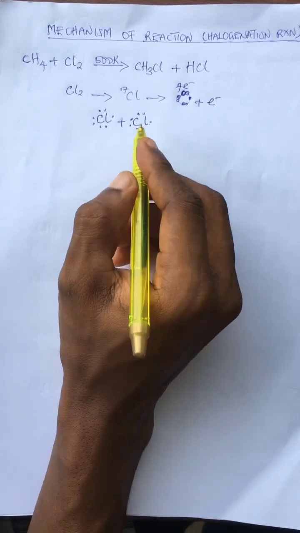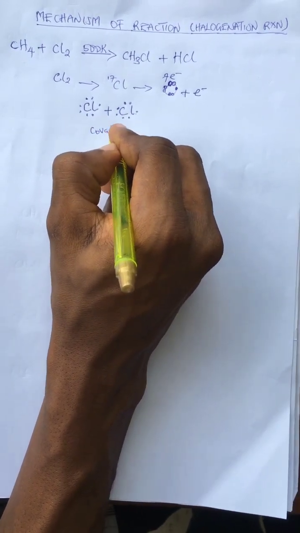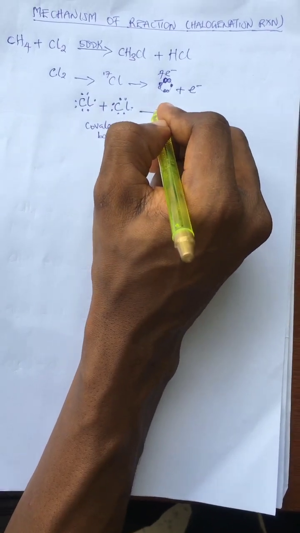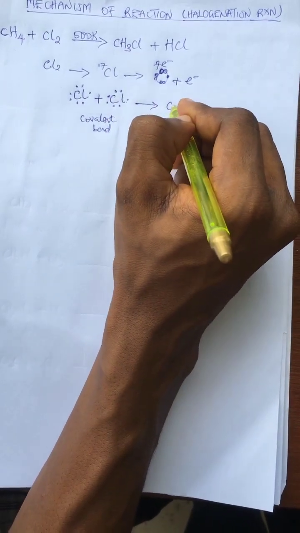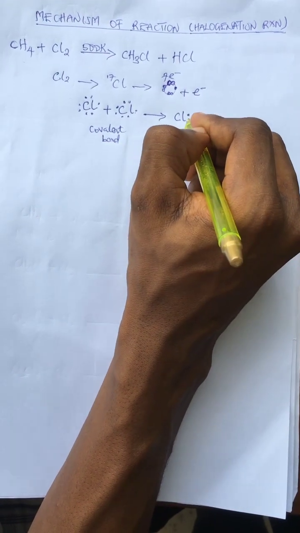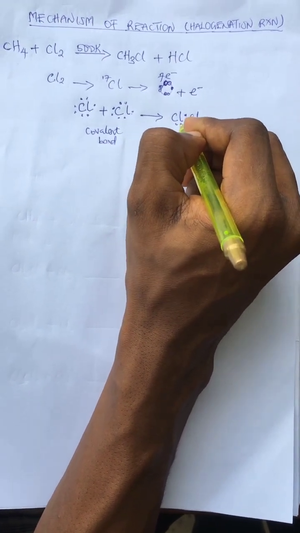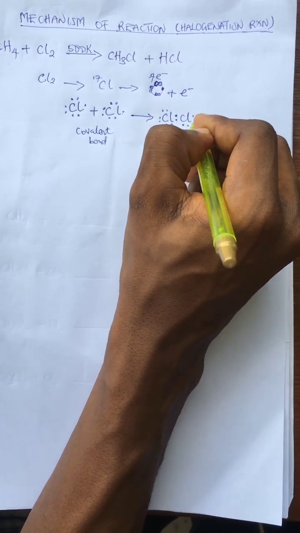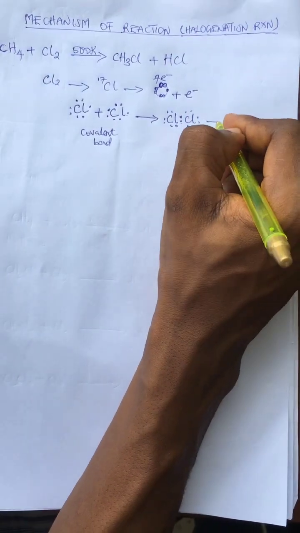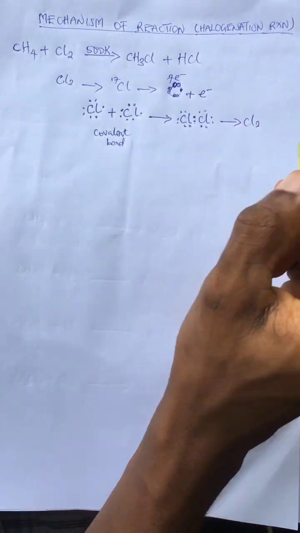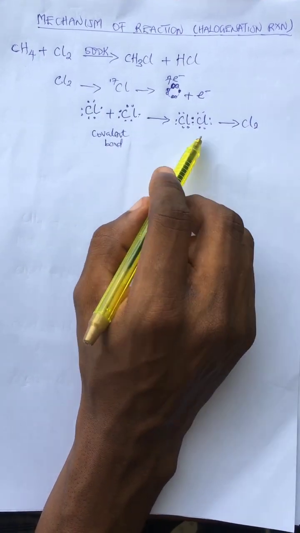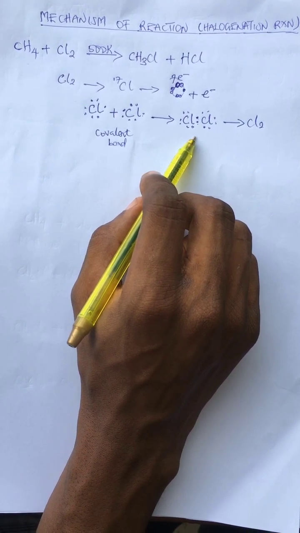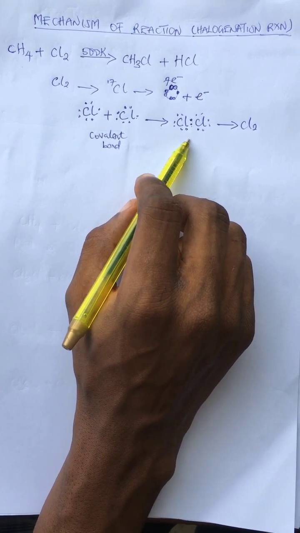So they will combine in a covalent bond, which will make them stable. We have 1 through 8 on each. And this makes them diatomic. That is why our chlorine is diatomic, for it to obtain that octet rule.